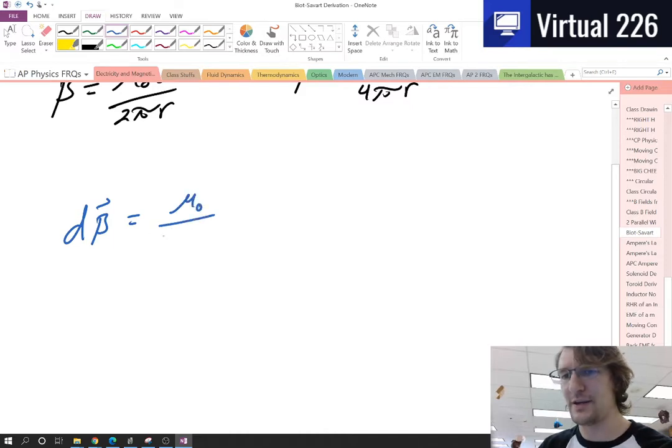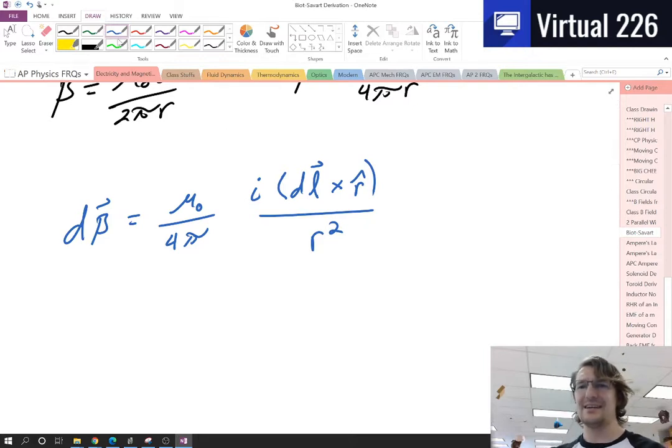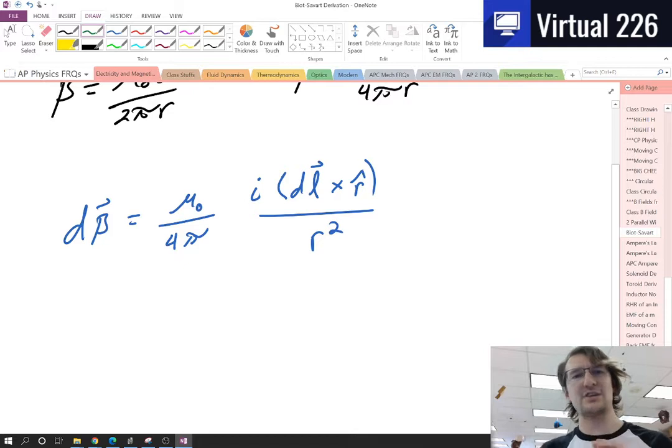But dB, a small piece of a B field, is equal to mu naught over 4 pi multiplied by I times the cross product of dl, so dl cross r hat over r squared. Sometimes you won't see this as r hat, so this just designates a direction but doesn't have a value. Sometimes you'll see this as just cross r, so it has a value, and this will be r cubed in the denominator.